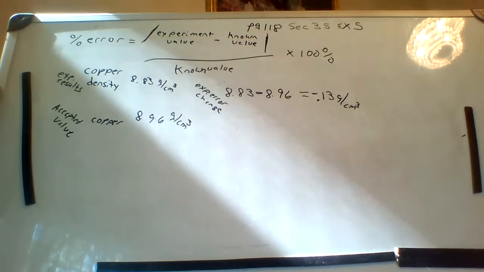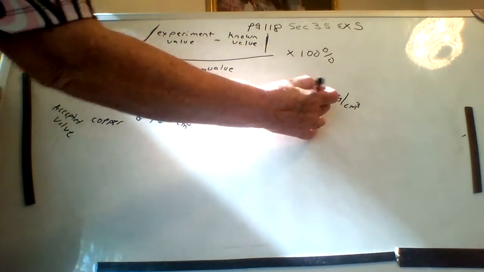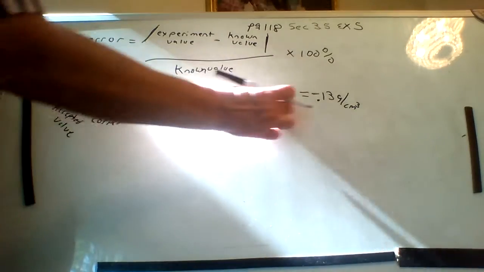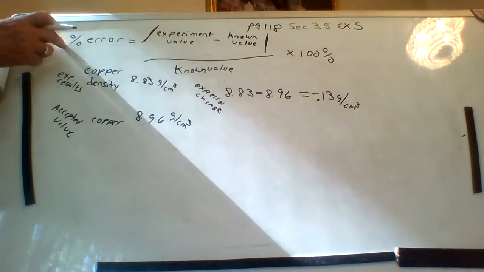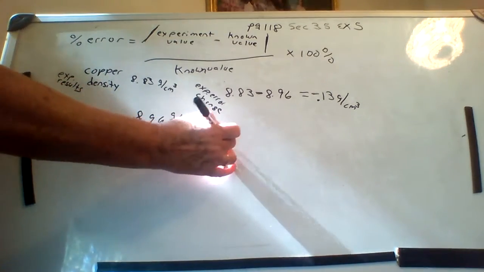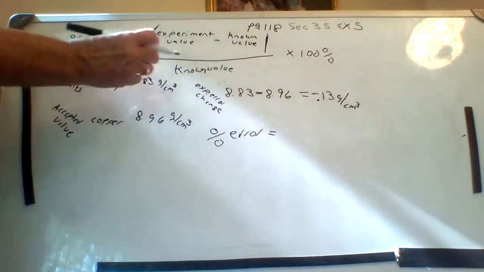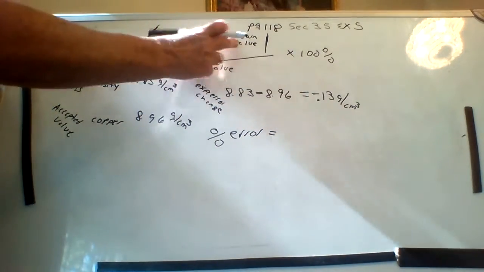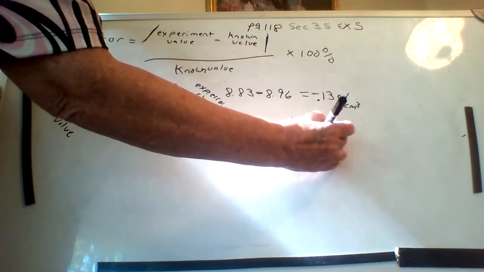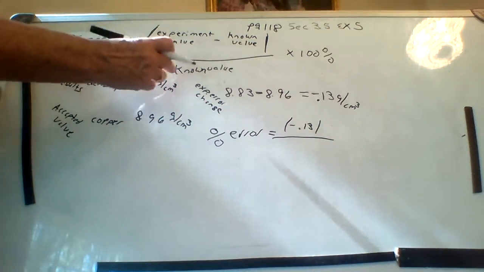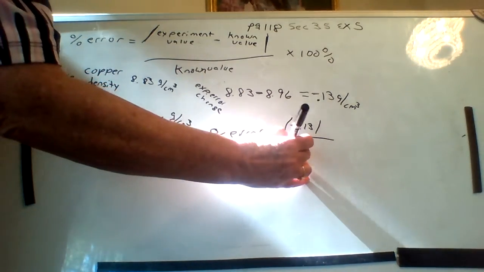And this is where people make a lot of common errors. All right, so this is a negative number here. So remember, when you're dealing with the positives and negatives, what are you going to get? Now to find the percent error, you're going to take this change, the absolute value of negative 0.13, divide it by the known value or the actual value it should be, which is 8.96.